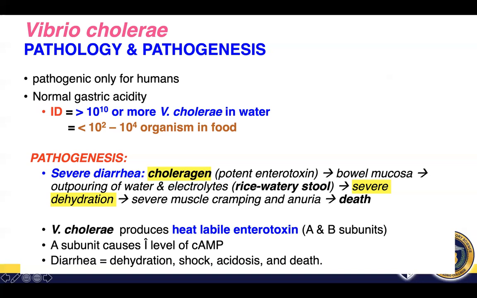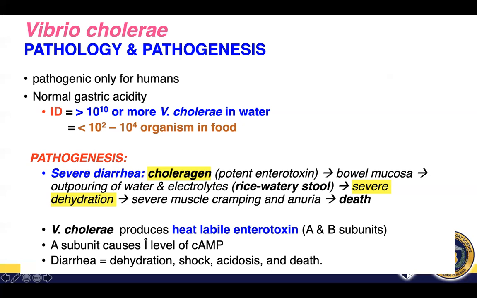lead to death. Okay? So in mild infections, individuals may be asymptomatic or the diarrhea may be self-limiting. Okay? So the individual may be a carrier. Okay? So Vibrio cholerae usually produces heat labile enterotoxin with the A and B subunits.